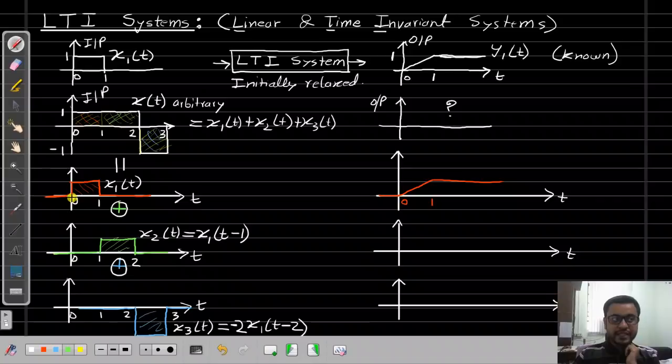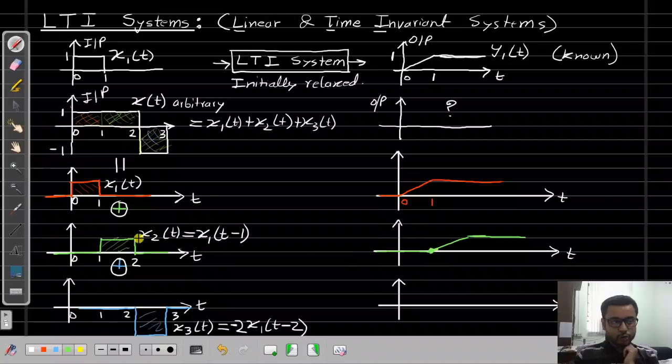Therefore, if you delay the input, the output will also get delayed by the same amount. Therefore, you can calculate y2(t) corresponding to x2(t) by delaying this signal by 1 unit. So that will start from here and then go up and then become constant.